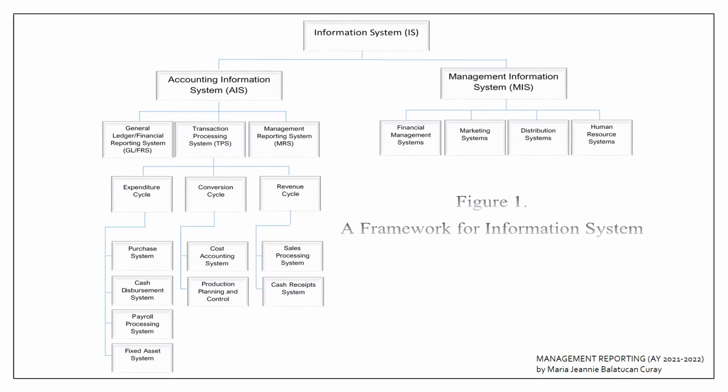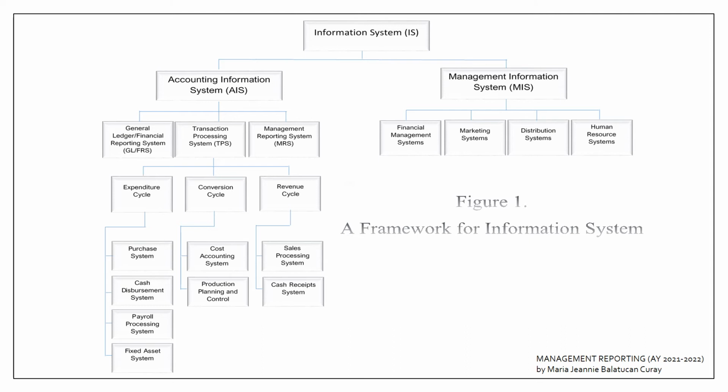So Figure 1 shows the information system of, let's say, a hypothetical manufacturing firm decomposed into elemental subsystems. So the information system is composed of the accounting information system or AIS and the management information system or MIS.